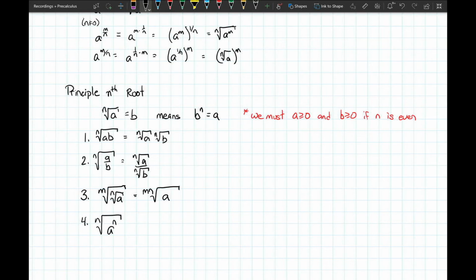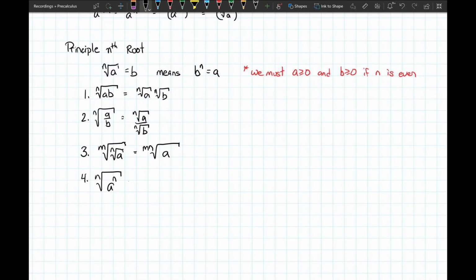But that's not always the case. There's two things to consider. a could be a positive number, or a could be a negative number. And it will be a little bit different depending on whether we're taking an even-powered root or an odd-powered root. So let's start off with the odd-powered roots, and we'll look at that as our first case here.